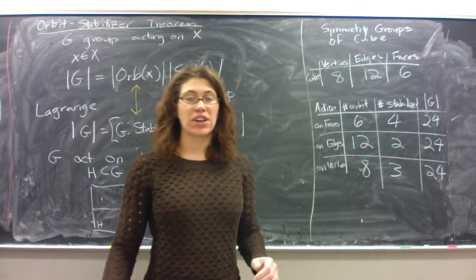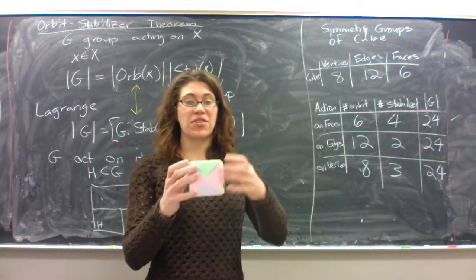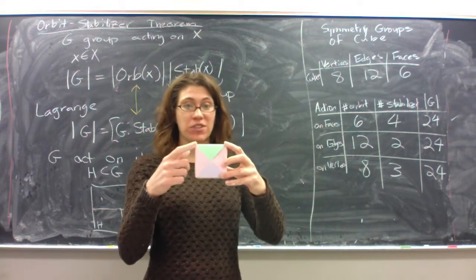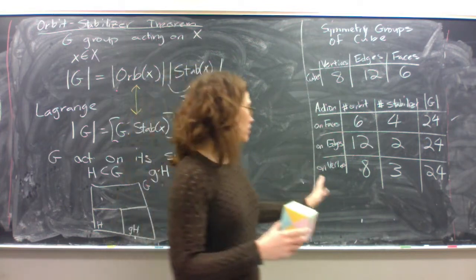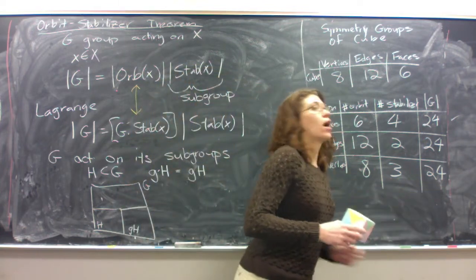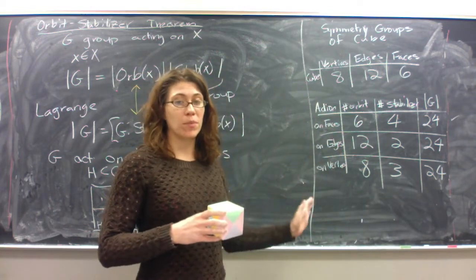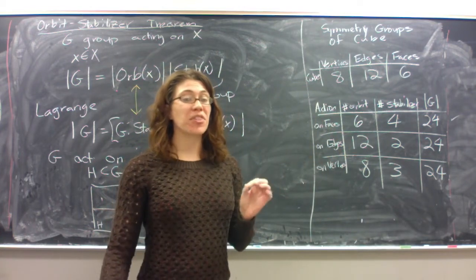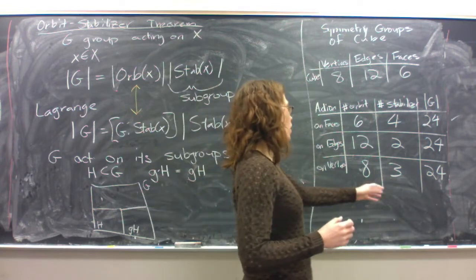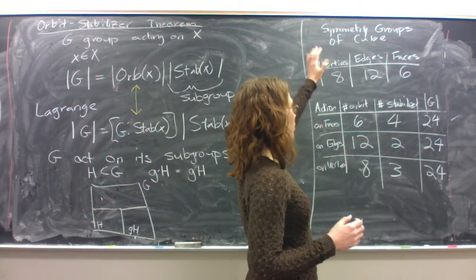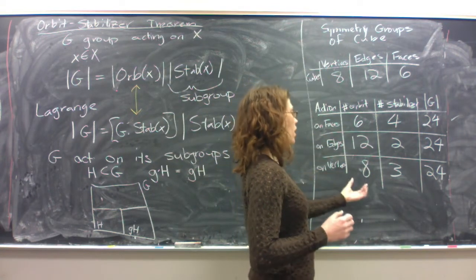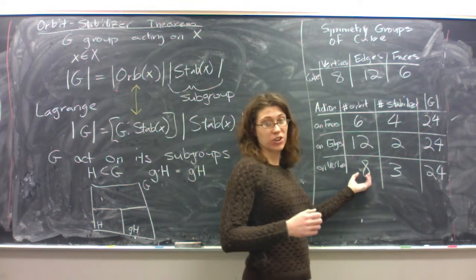It turns out here that if I had looked at this vertex instead of this vertex, I would still get 8 and 3 as my orbit and stabilizer, but this is exactly because my symmetry group of the cube acts transitively on the vertices.